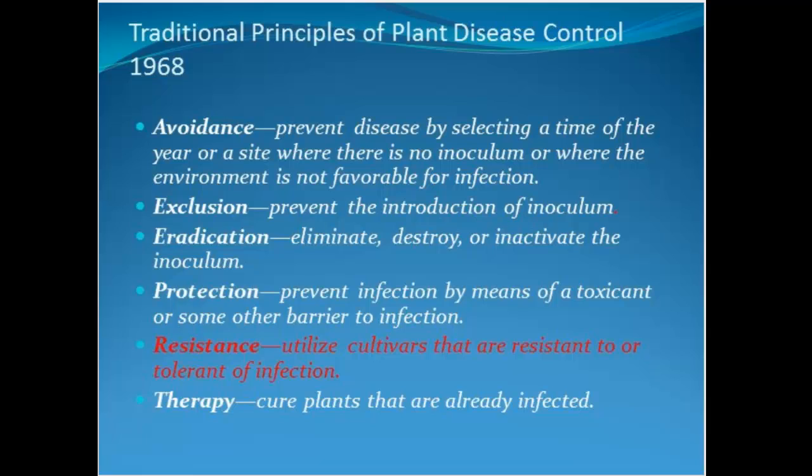And so if you have a known problem, then we might want to select varieties that are resistant. Oftentimes, by selecting resistant varieties, we may be able to reduce our reliance on protective fungicides or bactericides that we talked about just a second ago in the protection section of this presentation.